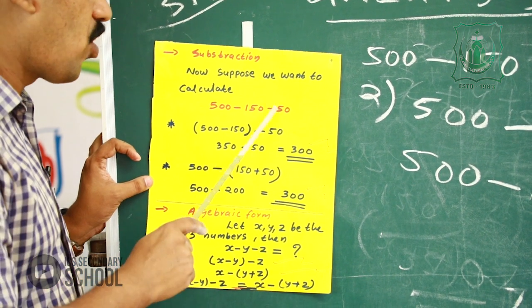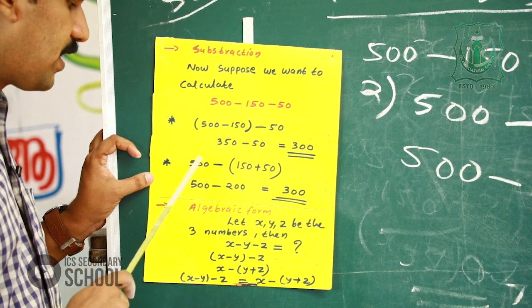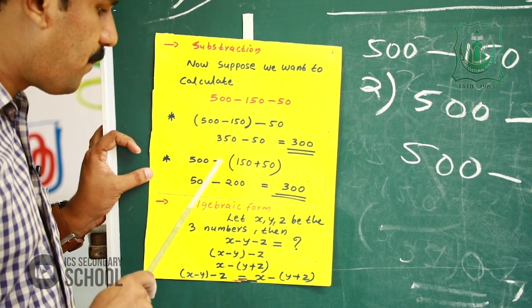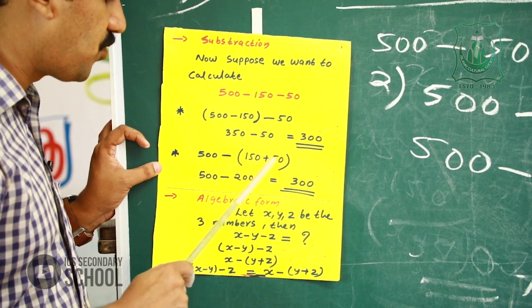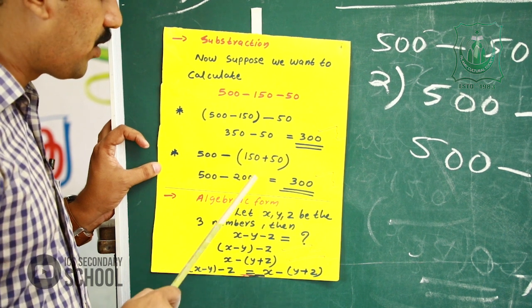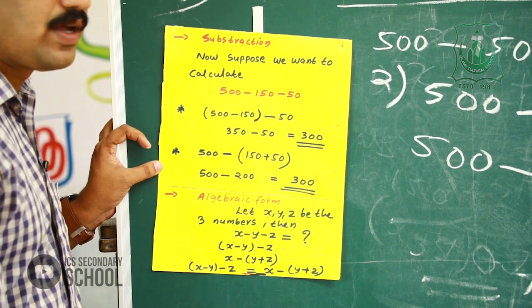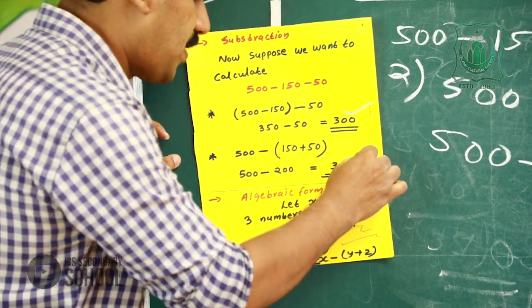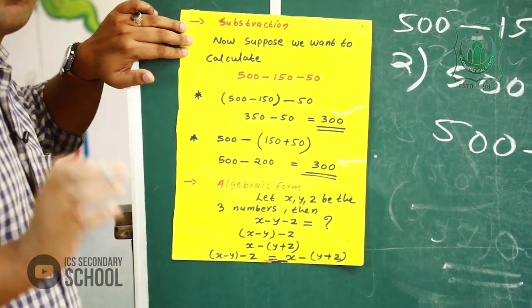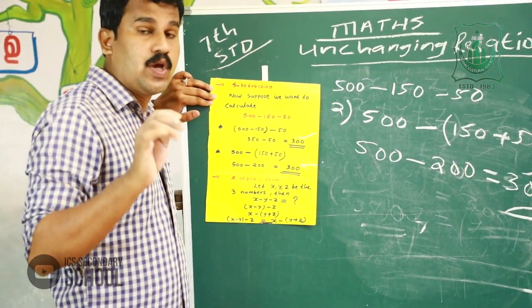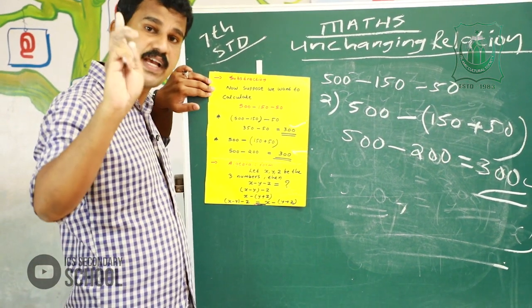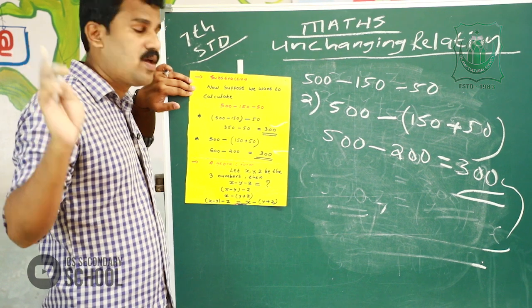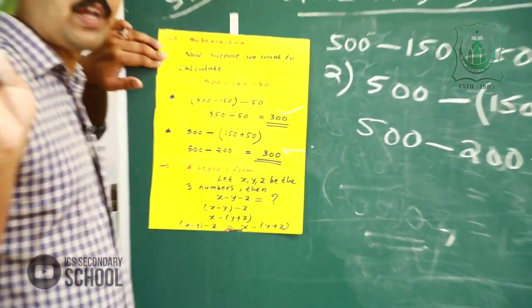Similarly for the second method: 500 minus 150 plus 50, that is 500 minus 200, that is 300. In both methods the answer is the same. You can do any one of these methods, but the answer is the same, 300.